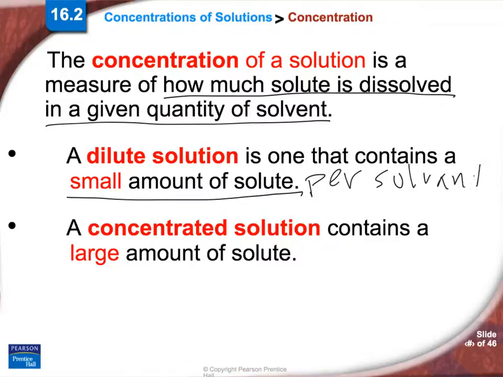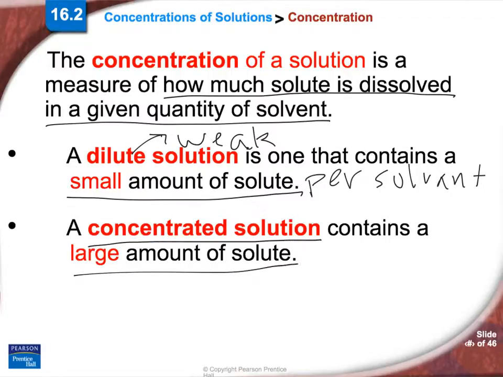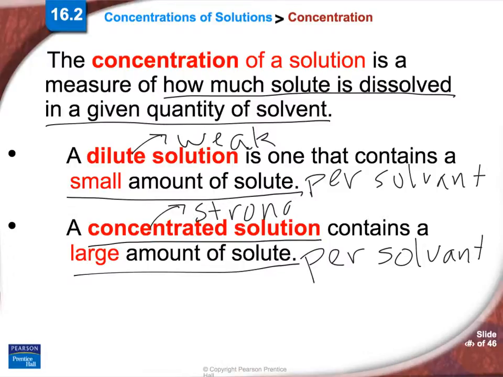We also sometimes call this a weak solution. We also have concentrated solutions, which are a large amount of solute. Again, that's per solvent. And sometimes we call these strong solutions. So go ahead and pause the video here to get all of this written down.